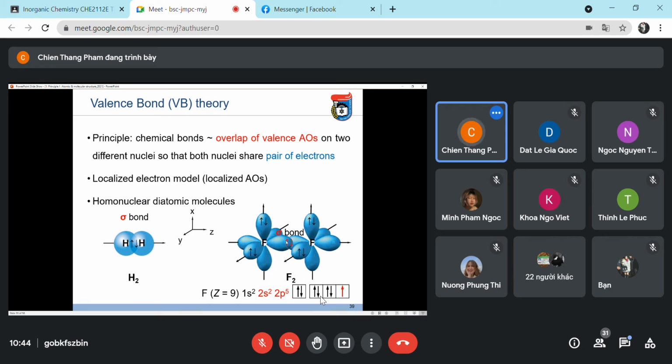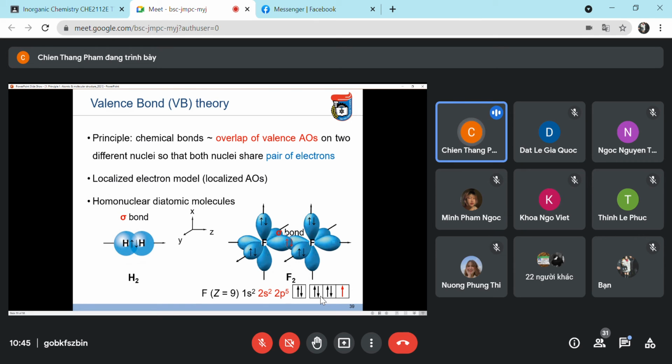In this picture, one fluorine has one unpaired electron, and another unpaired electron is from another fluorine atom, and now the overlap between two p orbitals forms the sigma bond between the fluorine atoms. It's easy to understand here because the overlap is between the two p orbitals along the intermolecular axis.